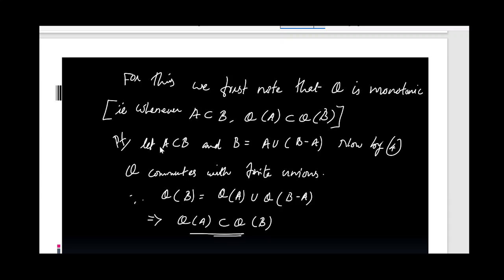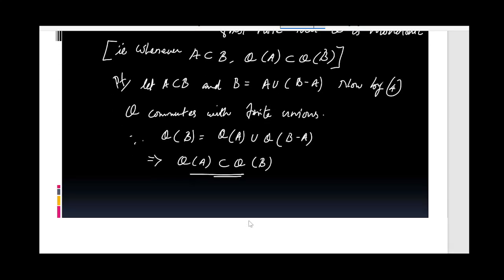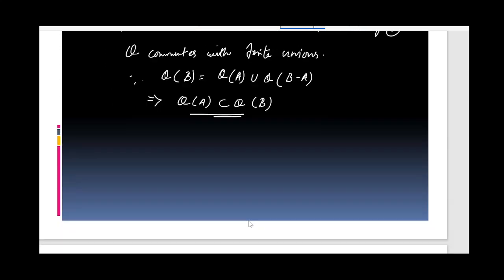So A contained in B means theta of A is contained in theta of B. That is, theta is monotonic. We have proved our theta is monotonic.